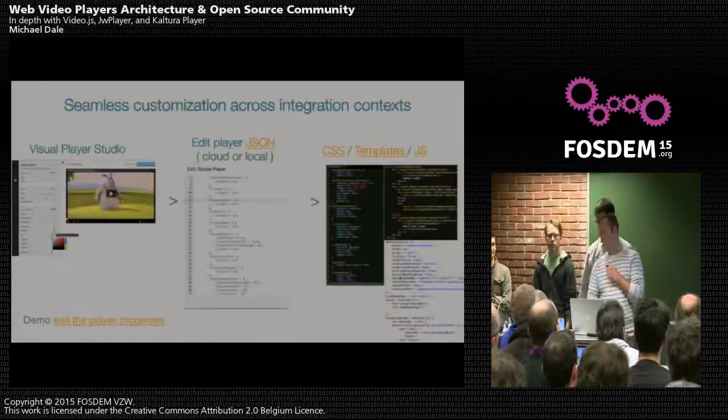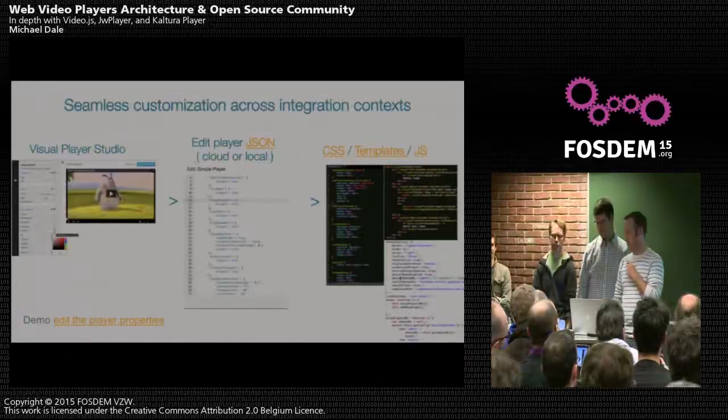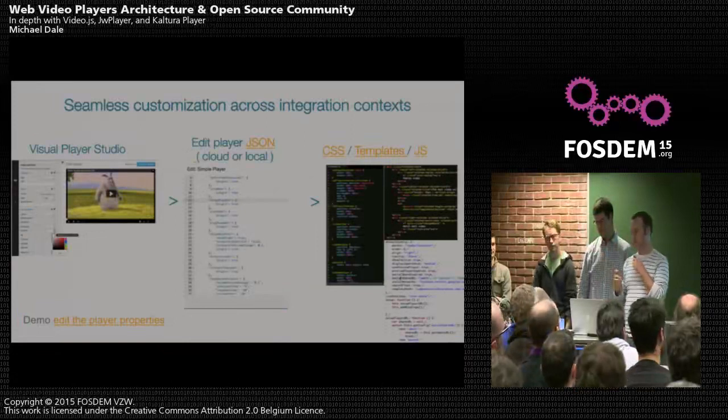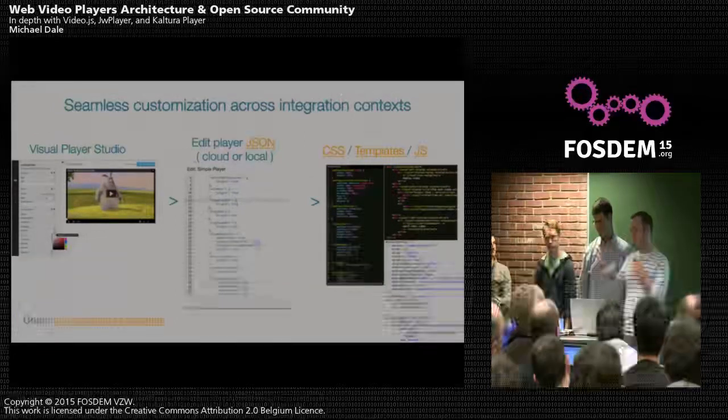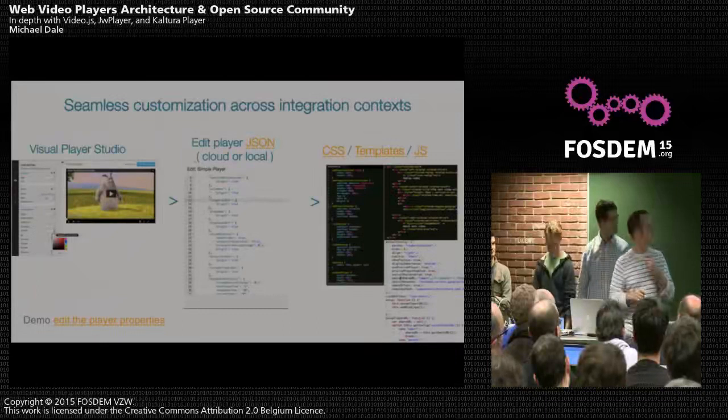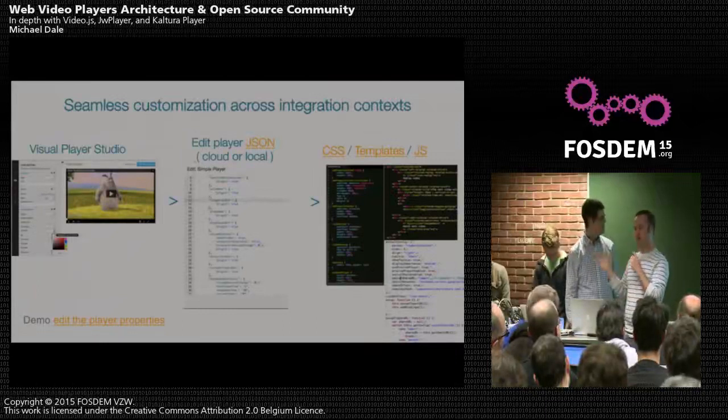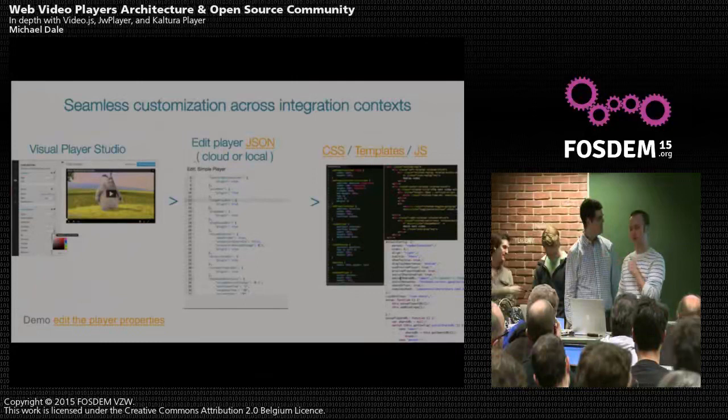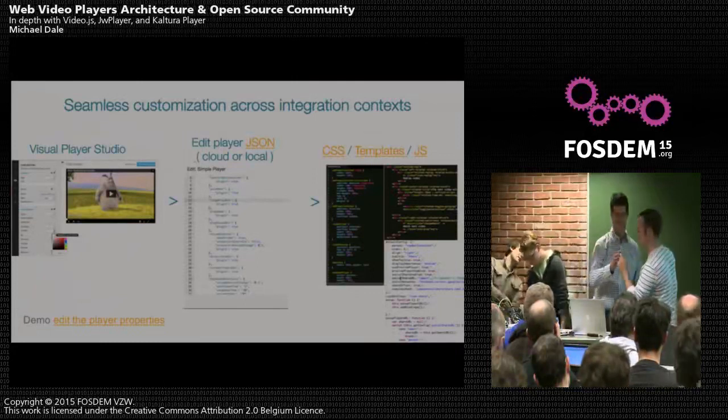And then we'll go into a little bit of how this JSON structure looks, just quickly because we only have 10 minutes or so, but just to give people an idea of how those components come together within the player system. We'll pass it over to Itai.